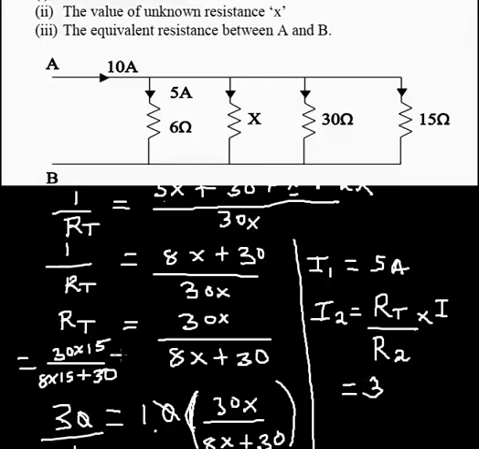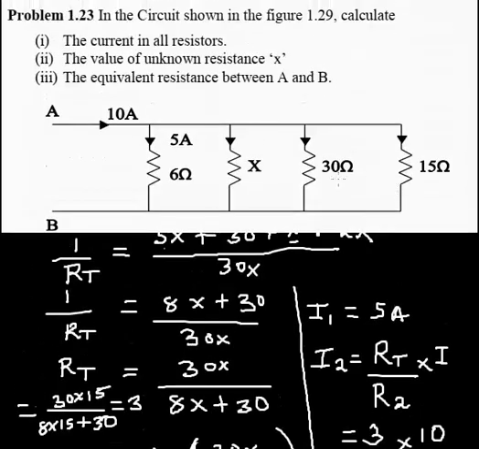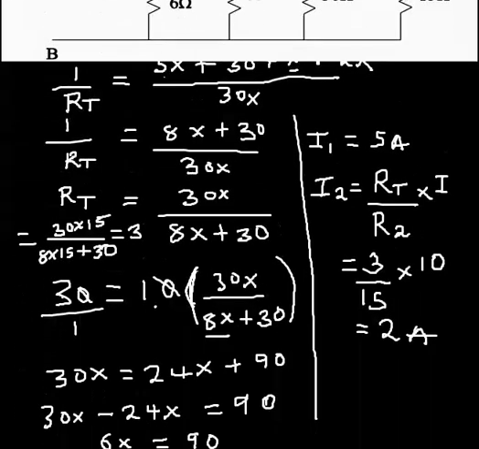Divided by R2, the resistance X we calculated, which is 15, then multiplied by the circuit current, which is 10 ampere. If I do this, that's going to be 30 divided by 15, that's 2 ampere.